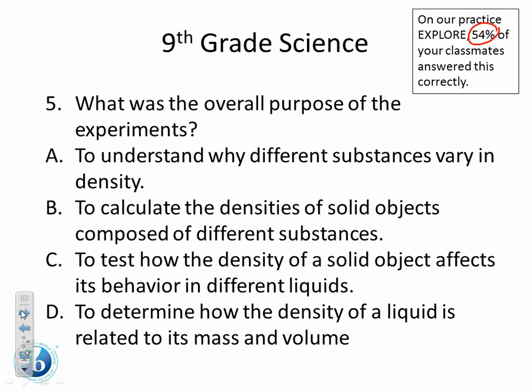For question number 5, 54% of your classmates answered this question correctly. This question is asking us to determine the overall purpose of the experiments. The best way to answer this question is to use our knowledge of the previous questions and simply use the possible answers to guide your answer selection.